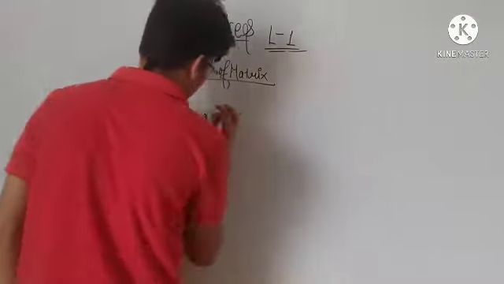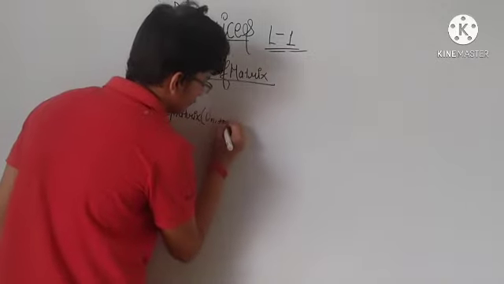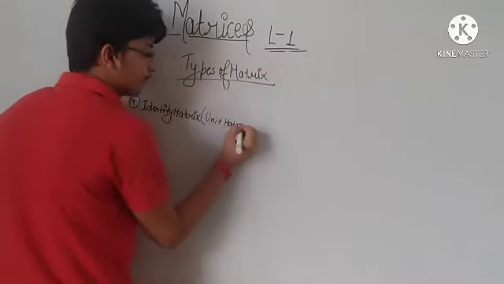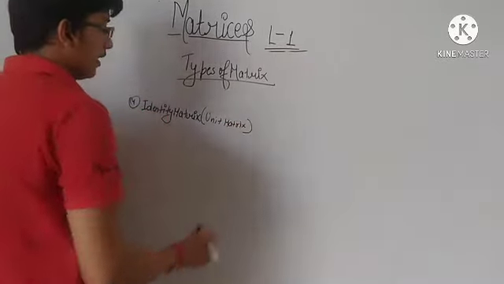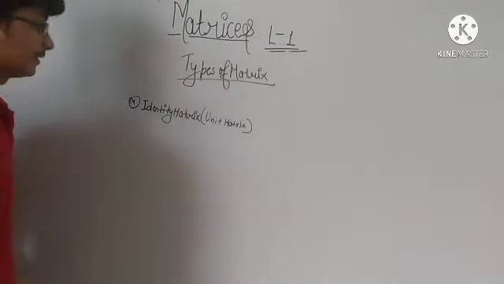An identity matrix is also known as a unit matrix. So what is an identity matrix?